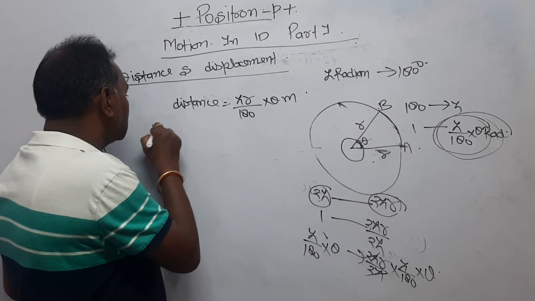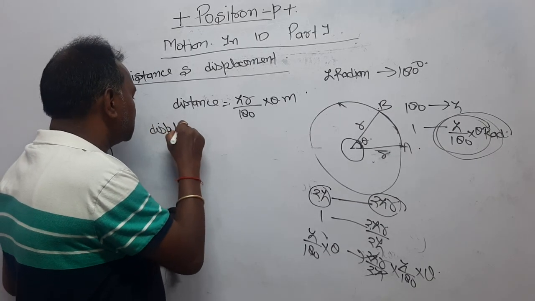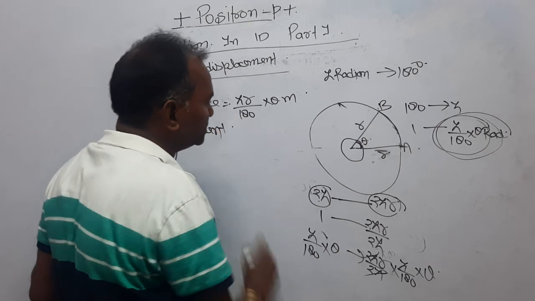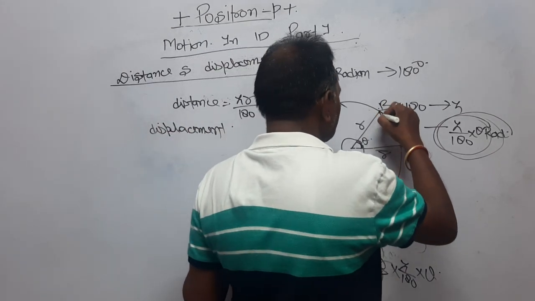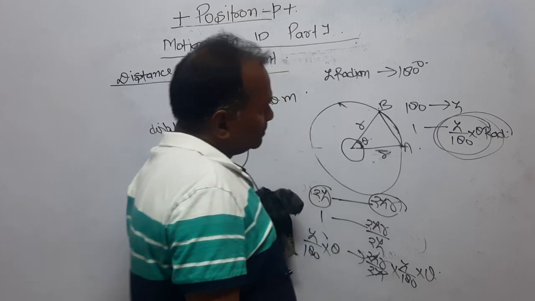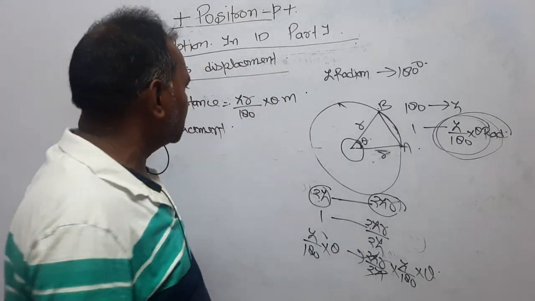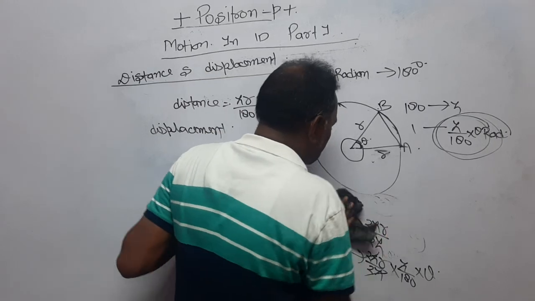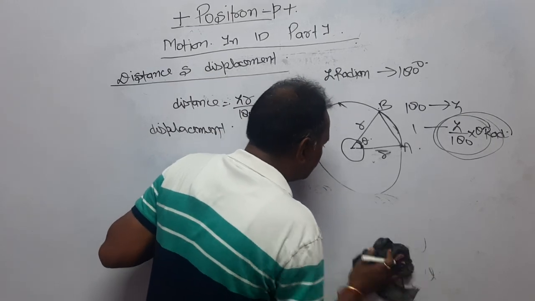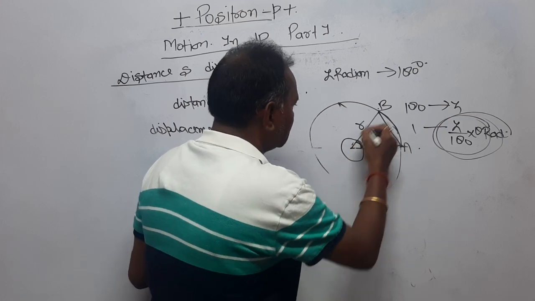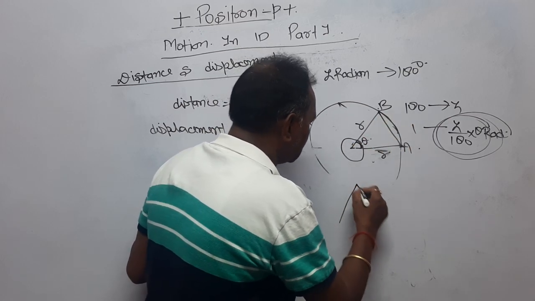Now we have to find out what the displacement will be. Displacement is the direct distance between the two points. Direct distance is this, right? From the figure it is clear that it is an isosceles triangle. You can make another image here, this triangle you can make like this, right?